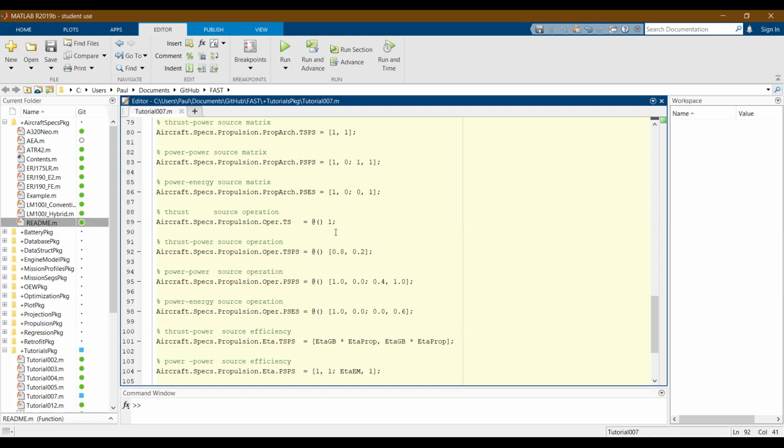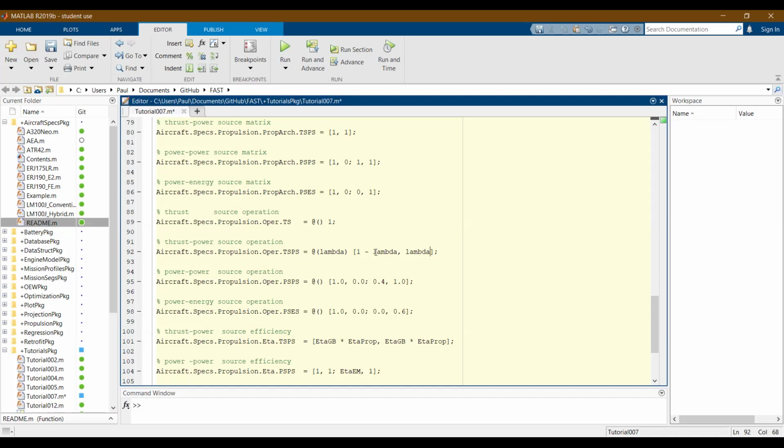What I could do is instead of hard coding something, I could input a variable called lambda, perhaps, and change this to represent 1 minus lambda, and change this to lambda. So now the power output by the fan is still going to add to 1.